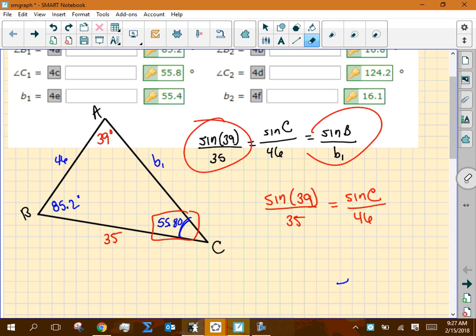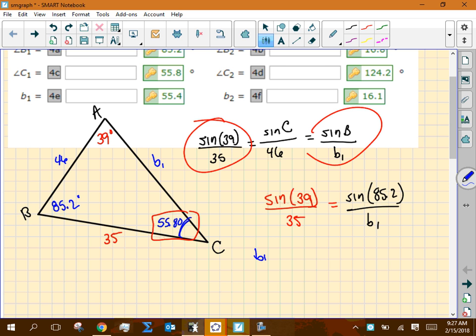Because now angle B is now a known value, right? 85.2. Previously, we couldn't use that ratio because it had two unknowns. Well, now it's only got one unknown of B sub 1.